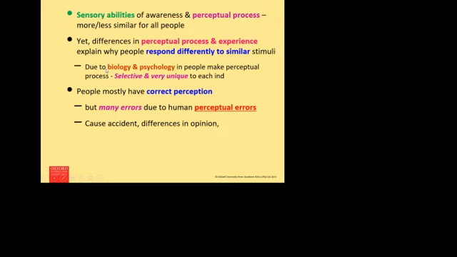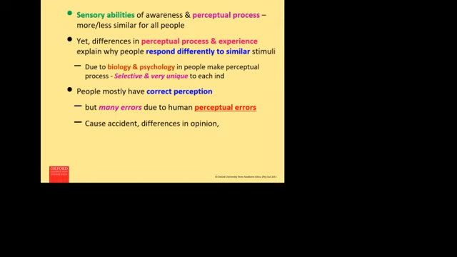Sometimes it is also because of errors in our perceptions, maybe due to biological and also psychological problems or states in our body that make us interpret things differently. However, they are unique and selective to each individual.